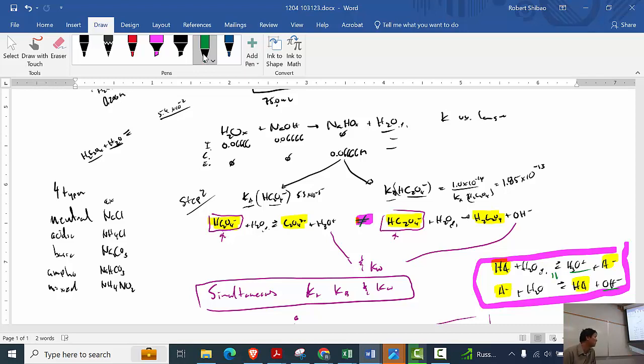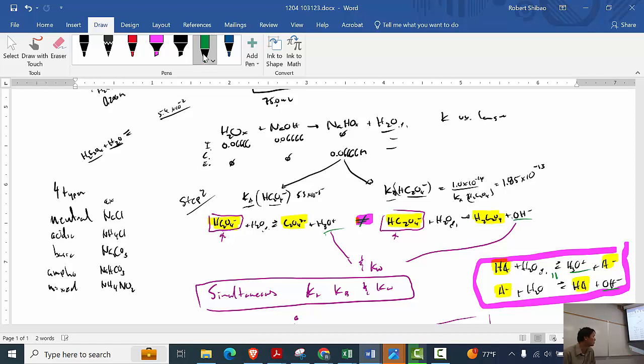These aren't. And so in order to connect the hydronium and the hydroxide, we need Kw.